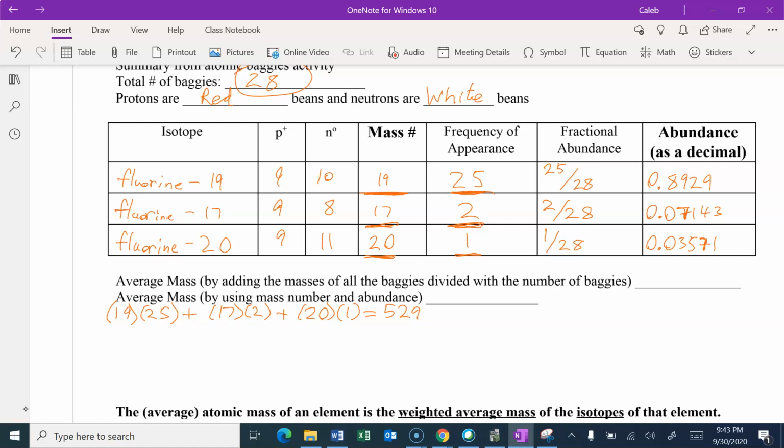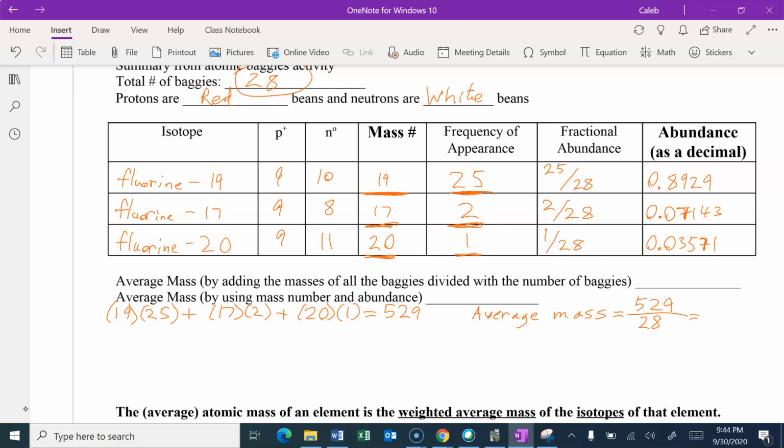If I wanted to know the average mass, I would do that number, 529, divided by the number of bags, which is 28. It's the same way you find an average usually.